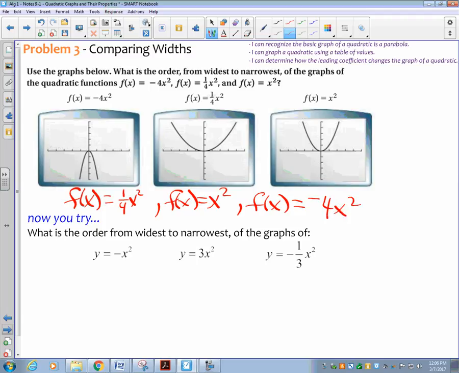Okay, and then I'll tell you, the bigger the absolute value of the number in the front is, the skinnier your guy's going to be. In fact, it's like speeding up his metabolism. If you are squaring the number and then multiplying it by 8, it's going to jump to a higher number faster.